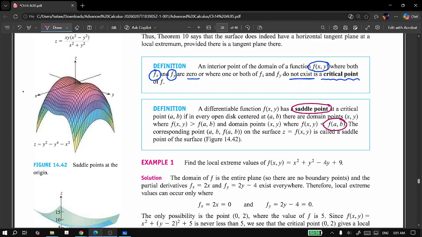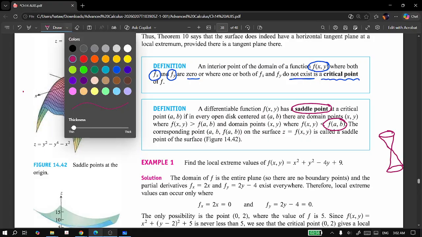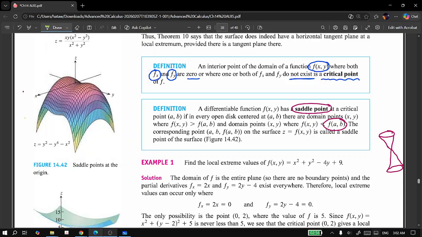So for example, if you imagine it, let me say two cones put on each other, and I connect those two cones to each other. That point in here is a local minimum for those points that are in here, and it is a local maximum for those points that are here.